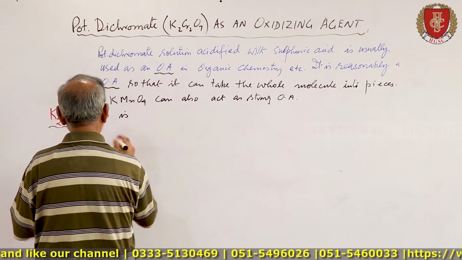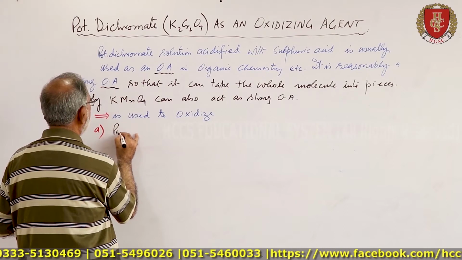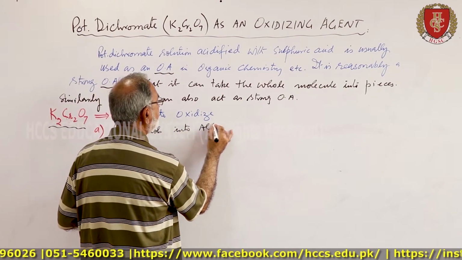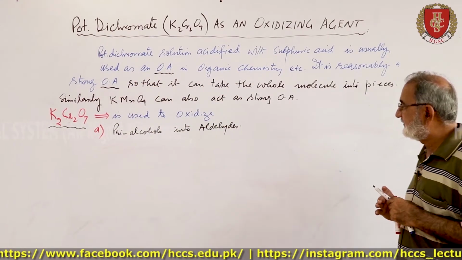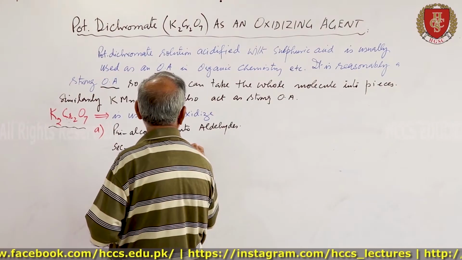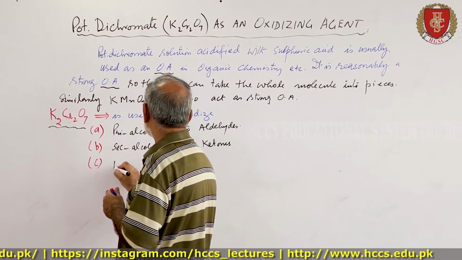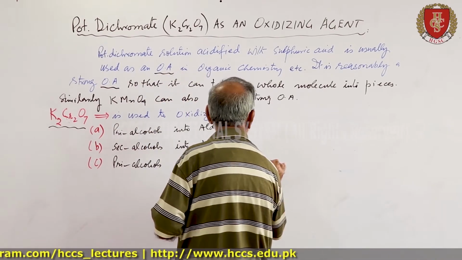K2Cr2O7 is used to oxidize primary alcohols into aldehydes, secondary alcohols into ketones, and primary alcohols into carboxylic acids.